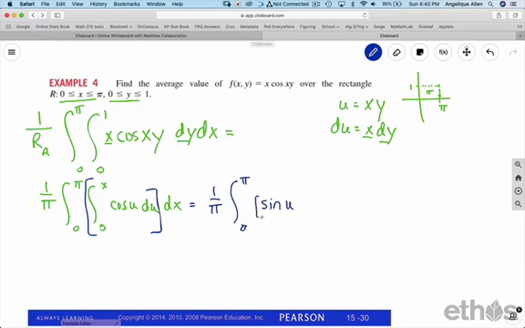And we have to integrate that from 0 to x dx. So we're going to have 1 over pi, 0 to pi, of sine of x minus sine of 0. Well, sine of 0 is 0, so I don't have to worry about that. Putting in my differential.